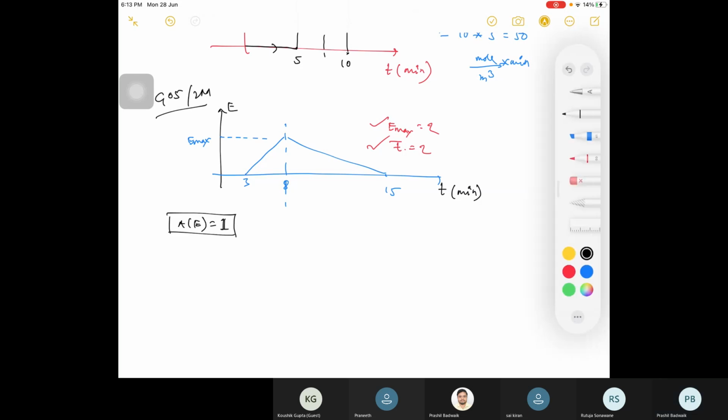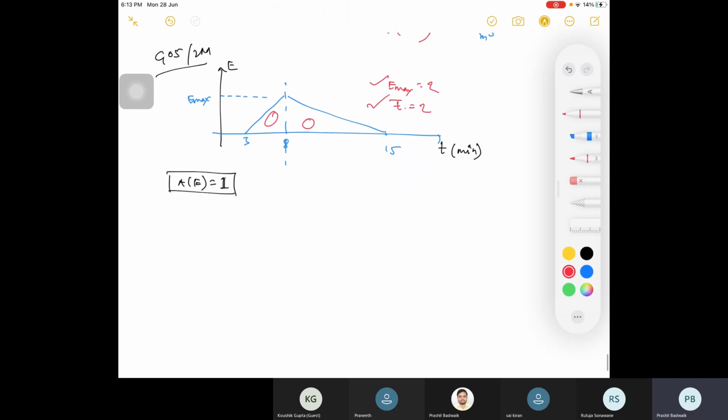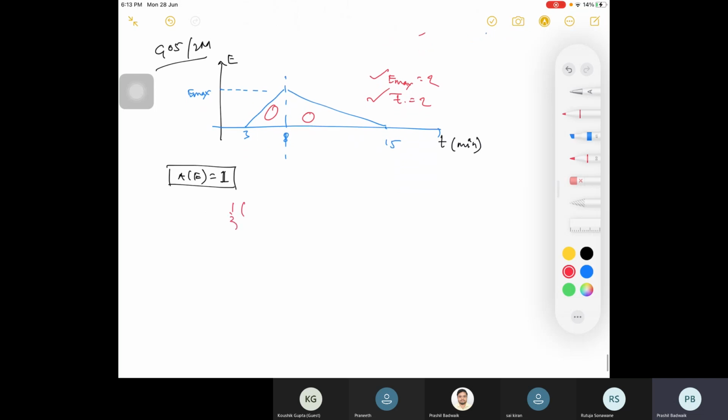Now please calculate E max. In this case, the area under the curve is 1, and it is half into base into height. So (8 minus 3) into your E max plus half into (15 minus 8) into your E max, that is equal to 1.